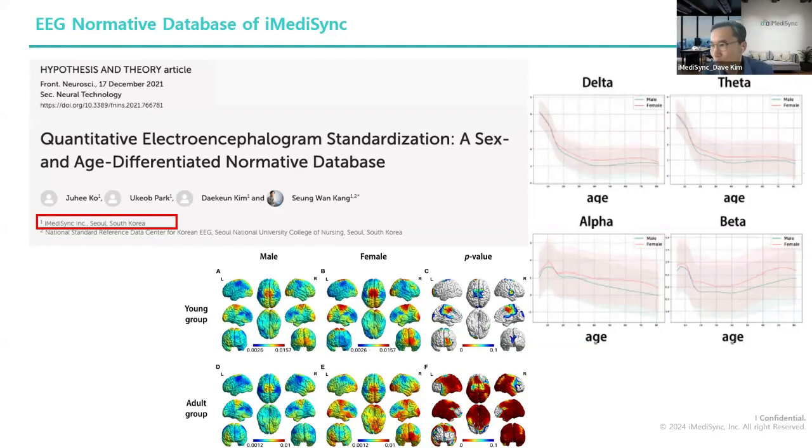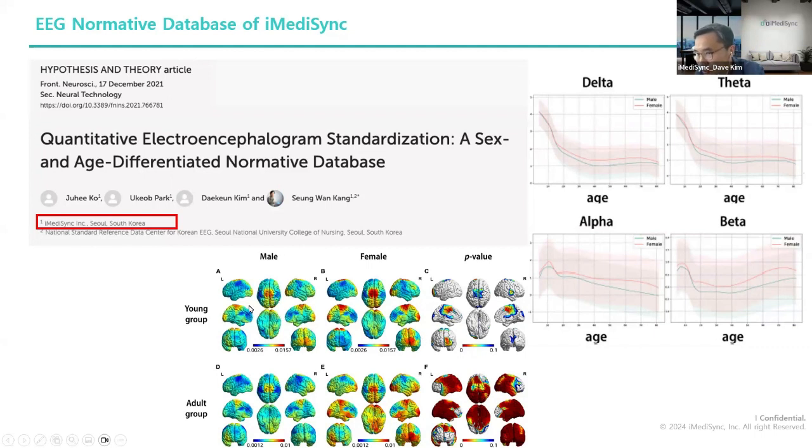Using this kind of normative database, we can give how much difference there is from the healthy normative population.